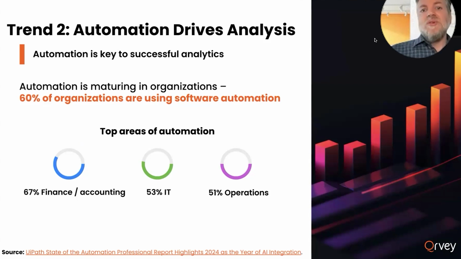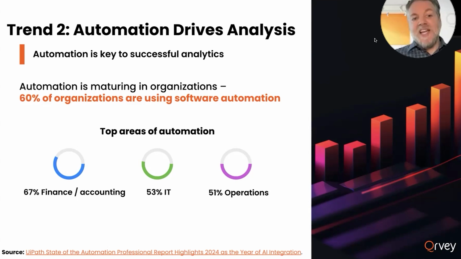Trend number two is really focused on the automation use case. Automation can really drive a lot of what's happening in the analytics capabilities of your product, and it can really be part of a very successful analytical implementation. And what we've seen is the trend moving towards more and more automation in general. It's becoming a very mature set of functionalities across pretty much every organization.